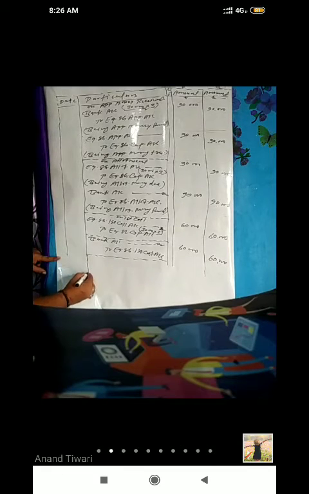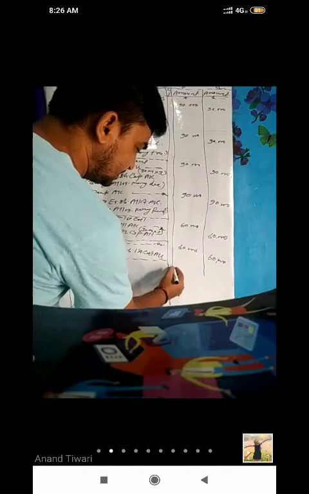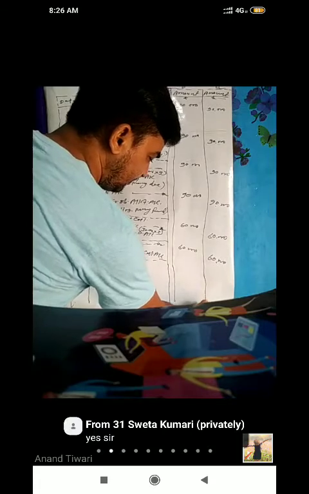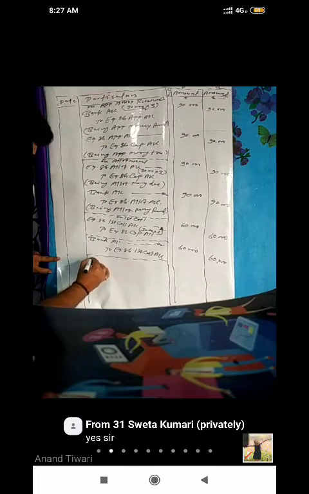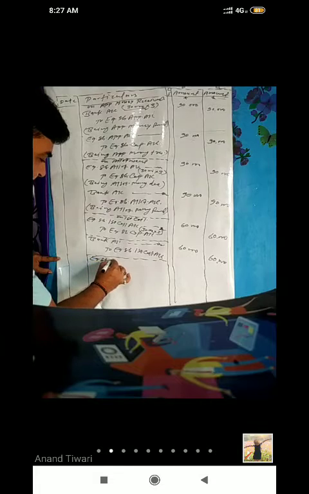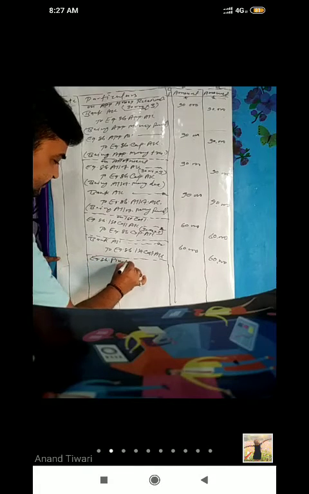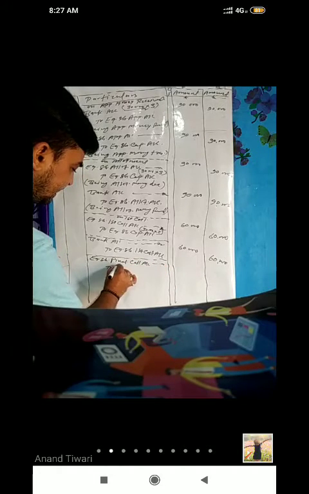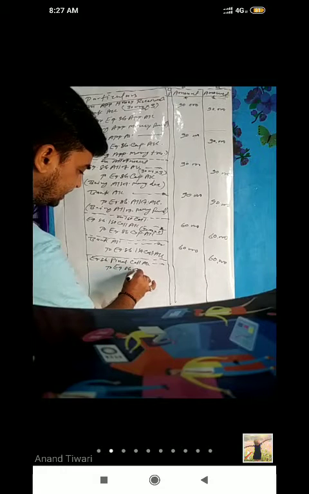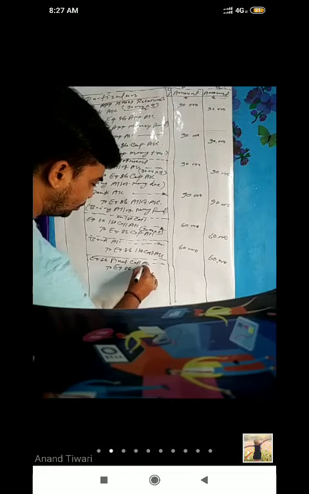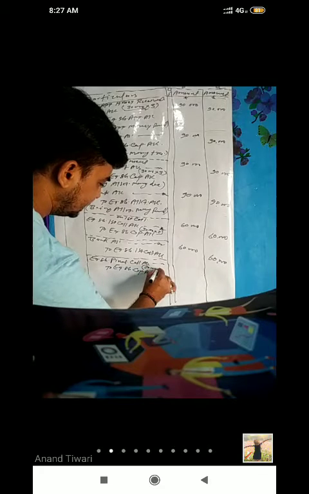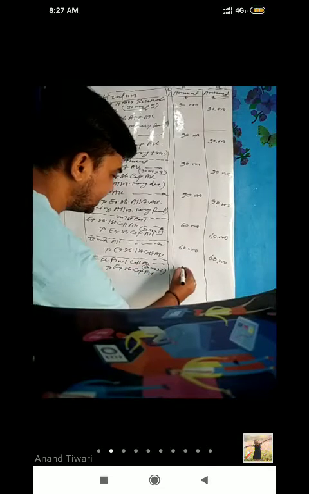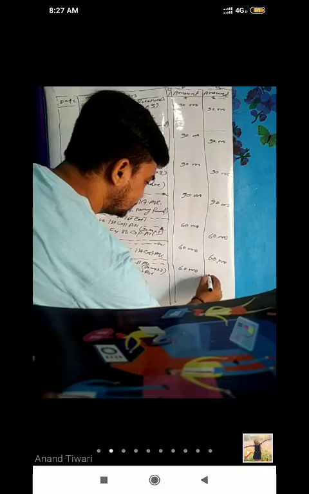Now the next 2 entries will be for the final call account. The company has also called the final call. So the entry will be equity share final call account debit to equity share capital account. Here the amount will be 30,000 into 2 rupees, which is 60,000.